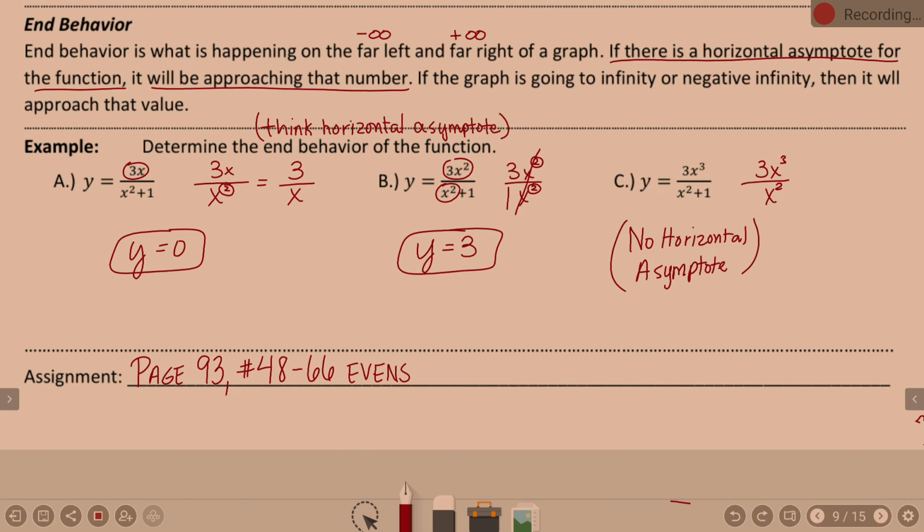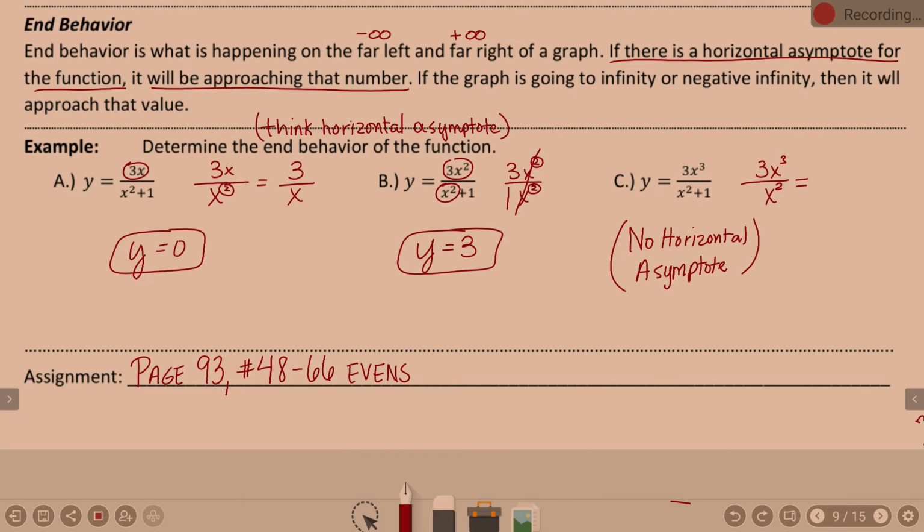Because the question was not what is the horizontal asymptote, it's end behavior. What is the graph doing in terms of end behavior? So I talked about canceling some. What happens if we start simplifying this? As in right now I have 3x cubed over x squared. What can cancel out of top and bottom?